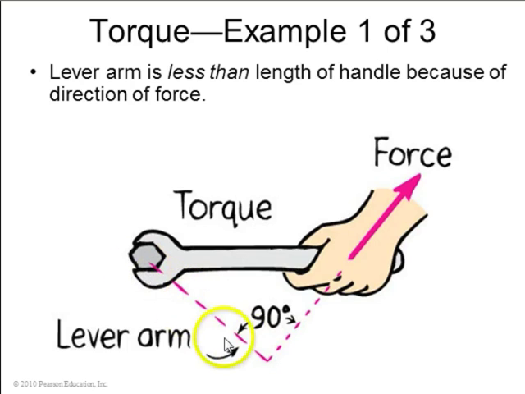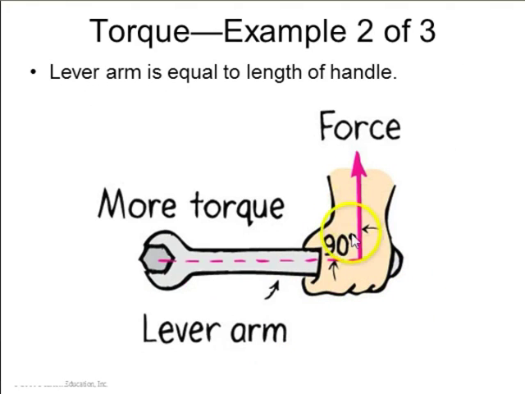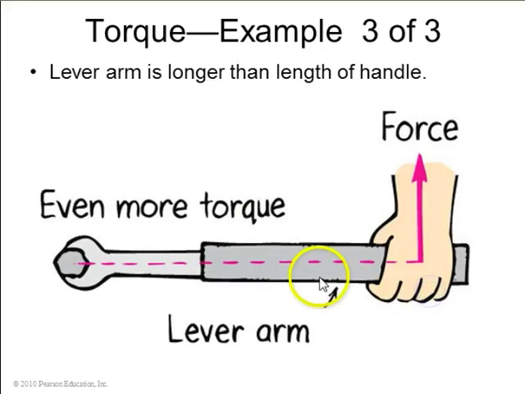And that lever arm makes a 90-degree angle between the line that goes through the force and the line that goes through the rotation axis of the object. And so here the lever arm is less than the length of this wrench because you're pulling it at an angle. If you pull it right at 90 degrees, then the lever arm equals the length of the wrench. And it can be less than, but it can't be greater than. The only way to increase the lever arm is to actually put an extension on the wrench, and here you've got a lever arm greater than the length of the handle.